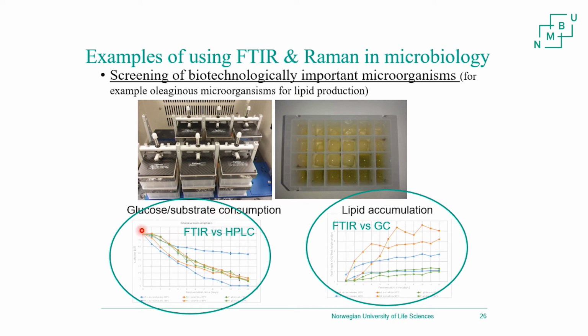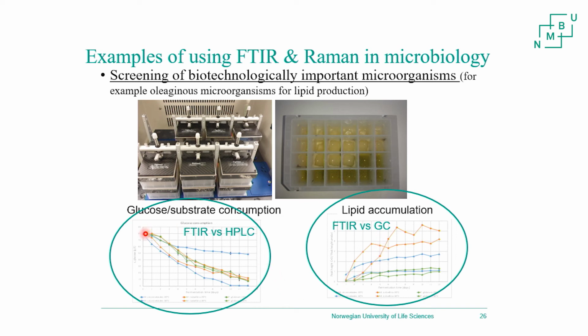Here we compared FTIR versus high-performance liquid chromatography, which is considered a reference method for measuring glucose in the substrate. And we also compared FTIR and gas chromatography, which is used for measuring lipid content in the cell.